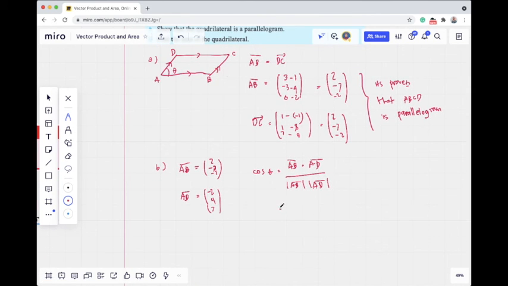Here we multiply the components and find the dot product: minus 4, minus 28, minus 14, over the magnitude of AB, which is 4 plus 49 plus 4, and here 4 plus 16 plus 49.